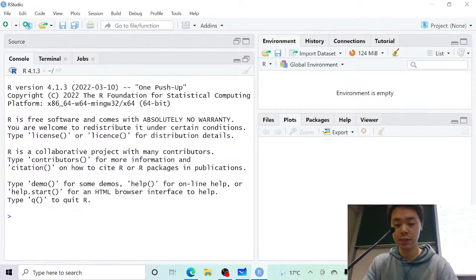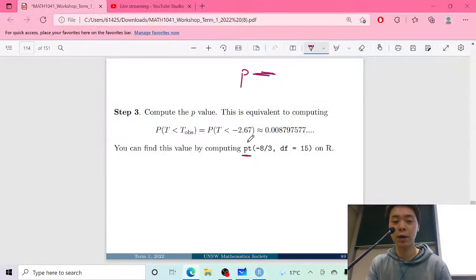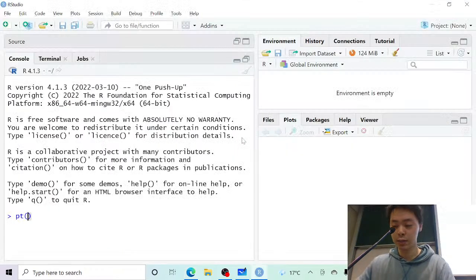So we can do pt, and then we have different parameters that we can pass in. The first parameter is going to be the quantile that you want to consider. So it's going to be whatever this value here is. So what we can do is go minus 2.67.